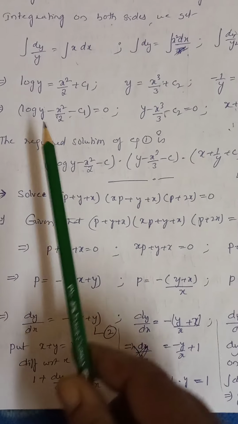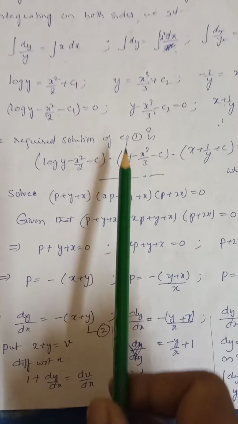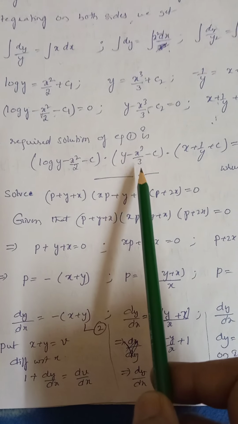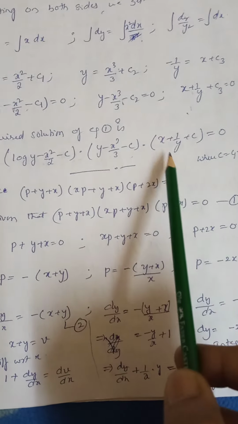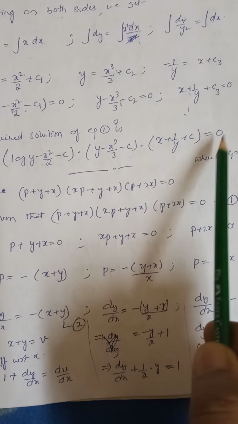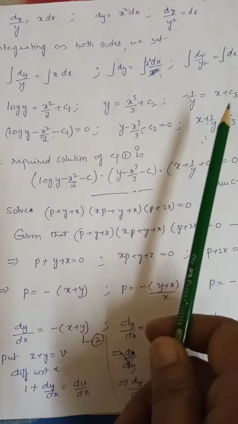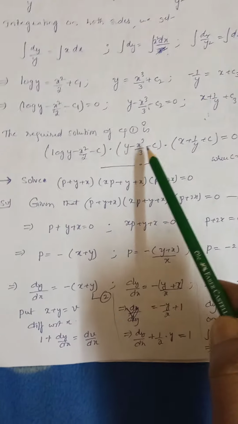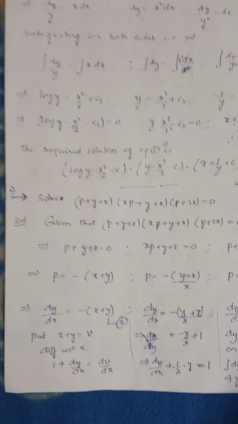See here: log y minus x square by 2 minus c, into y minus x cube by 3 minus c, into x plus 1 by y plus c is equal to 0. We have to replace all the arbitrary constants by c only. Remember this point. This is the required general solution of the given differential equation.